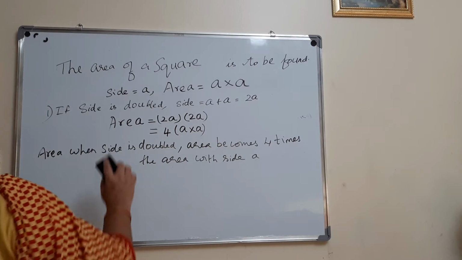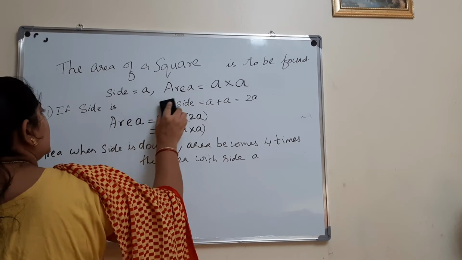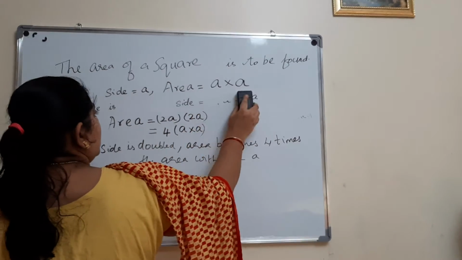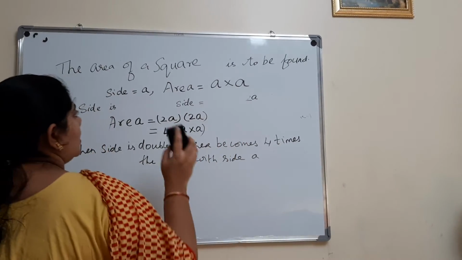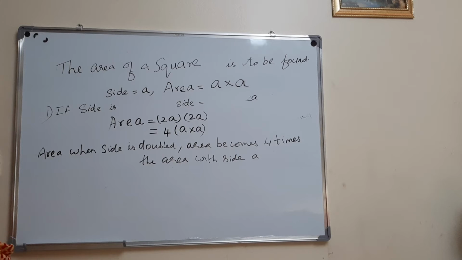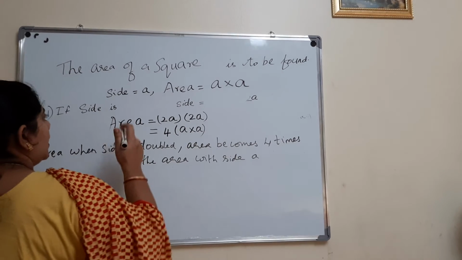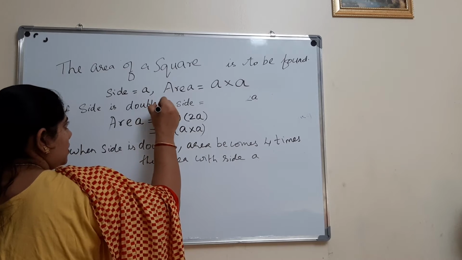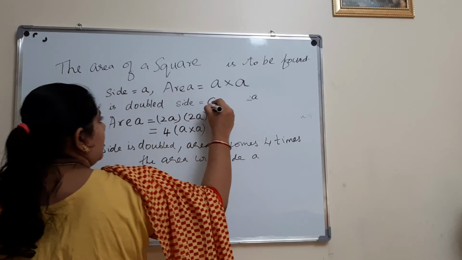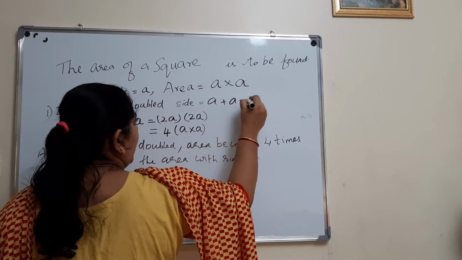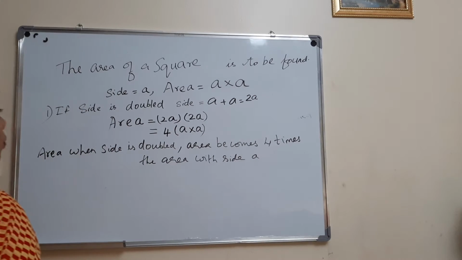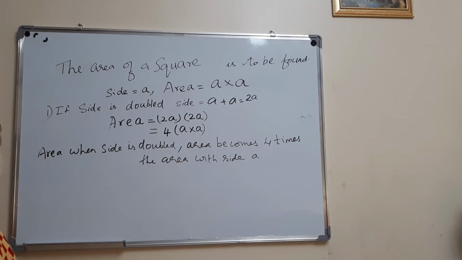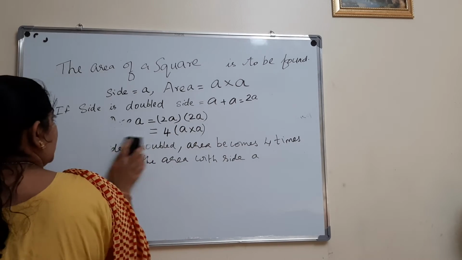Now, in this same case, I will take the perimeter also. If the side is doubled, the same case, so A plus A is equal to 2A. In that case, what will happen to the perimeter of the square?